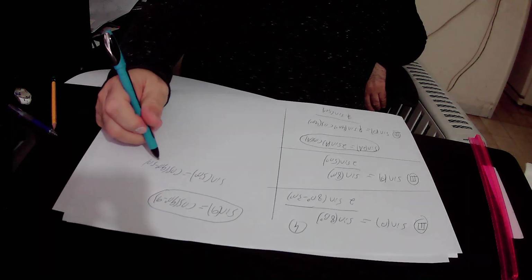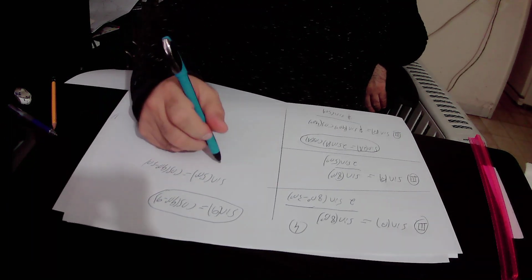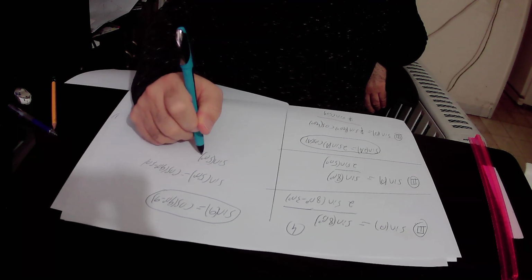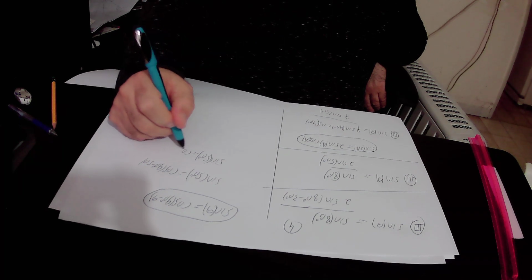And 90 degrees minus 50 degrees is 40 degrees, so we got that sine 50 degrees equals cosine 40 degrees.